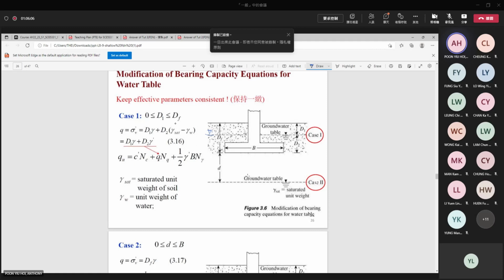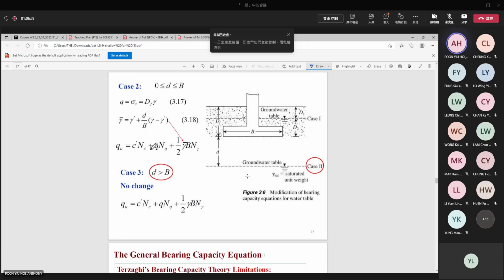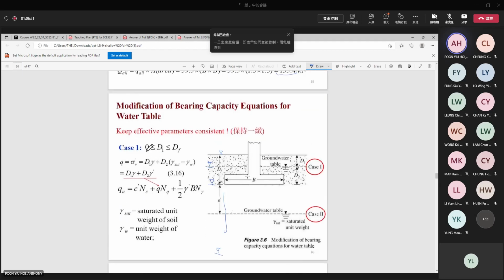The water level can be at the top, the water level can be above the bottom, the water table can be far below, or the water table can be somewhere in between. So there are actually three different cases.